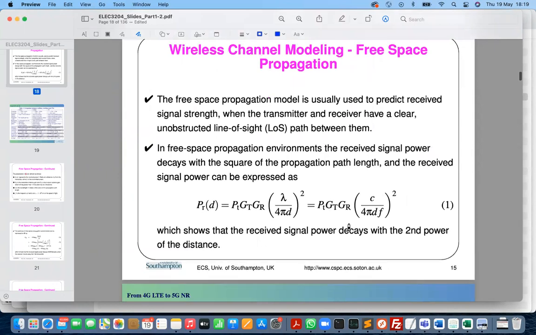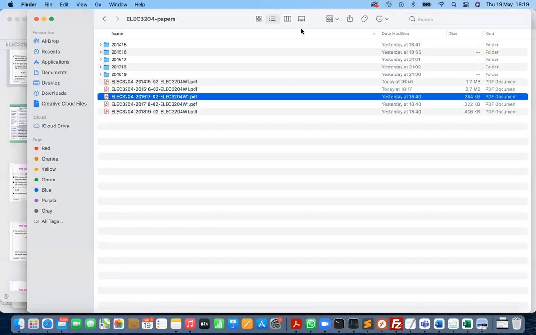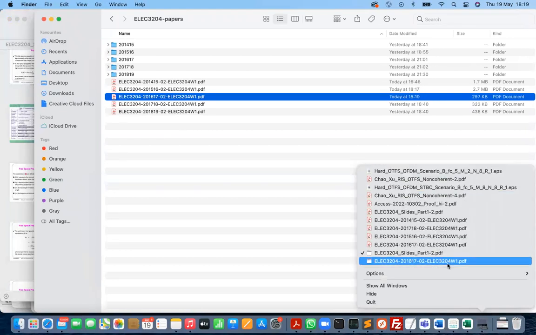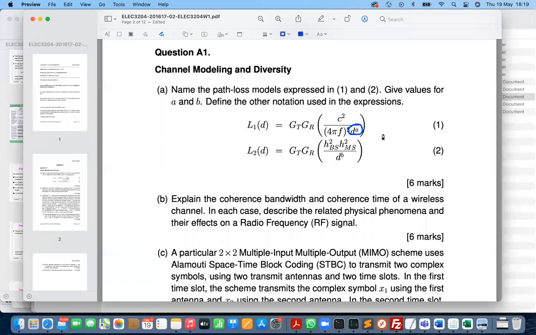Page 15 here. So this is the free space path loss, where power decays with the second power of the distance. So for that question, A should be 2, right? Second power of the distance.